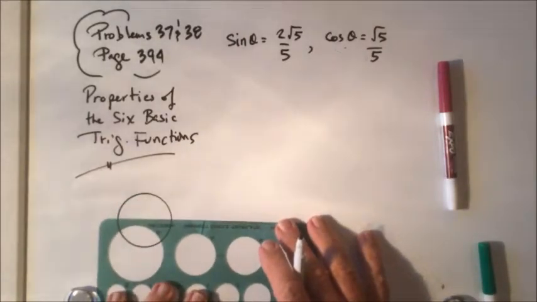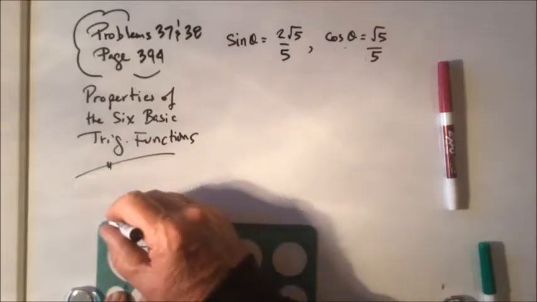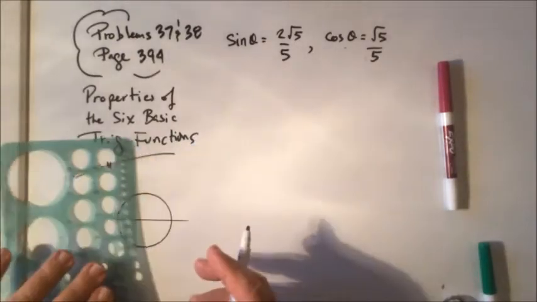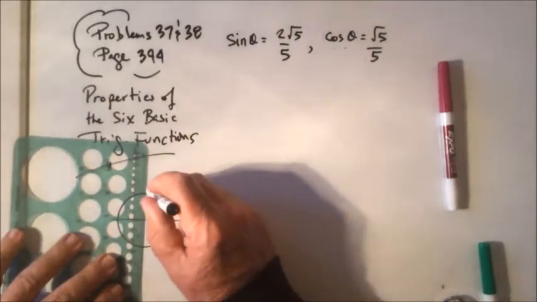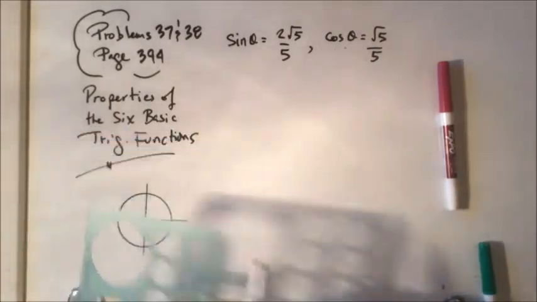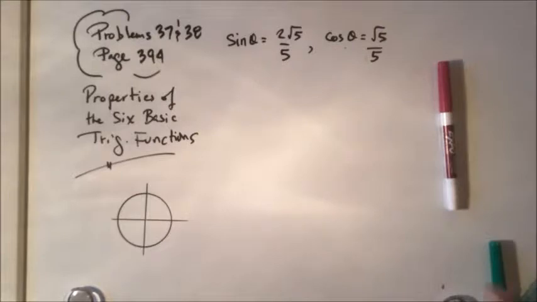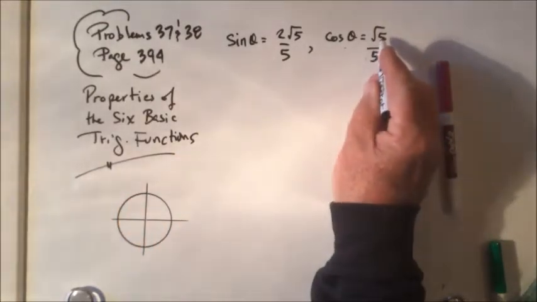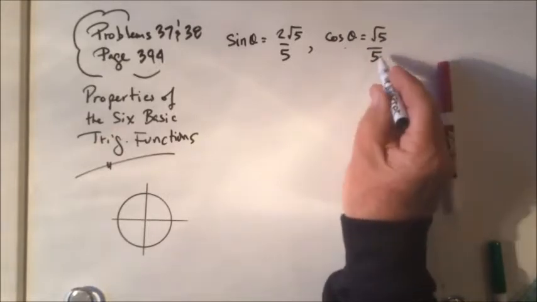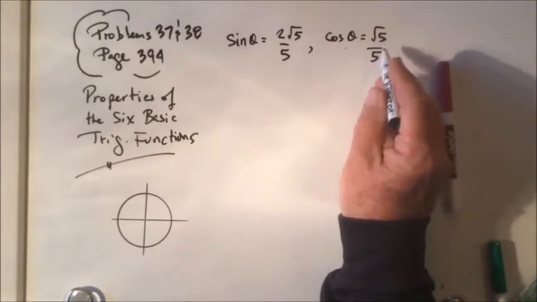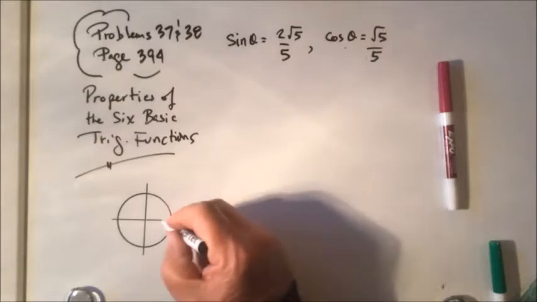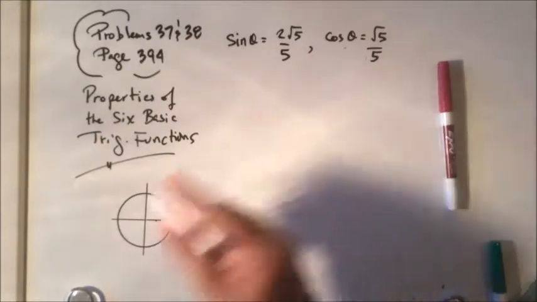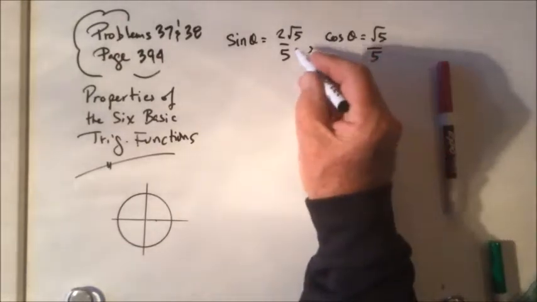If that is a unit circle, or it doesn't really need to be a unit circle actually, that's a circle, and we're going to represent where sine and cosine of theta are. But let's think for a minute that it's a unit circle. Root 5 is about 2.2, and so 2.2 divided by 5 is a number a little less than 1/2. Here's 1/2. There's the cosine, root 5 over 5. Where's the sine?